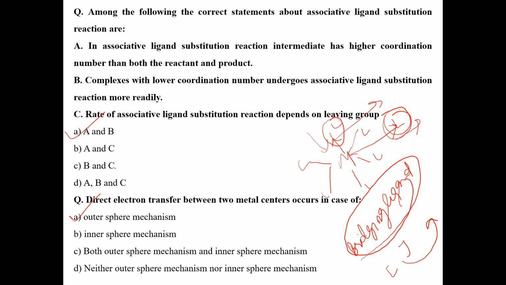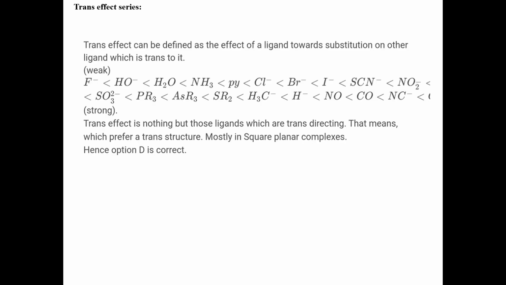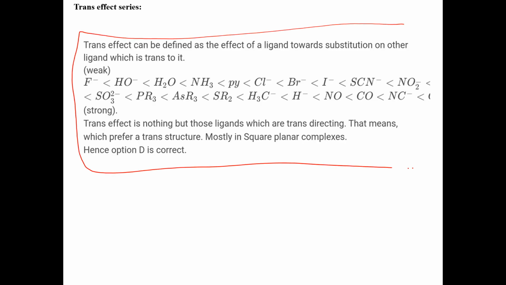For your information, you have to remember this trans series, so that you can get an idea about the reactions taking place with square planar complexes. If you remember this trans series, you will be able to attempt the reactions very successfully and get the right product.